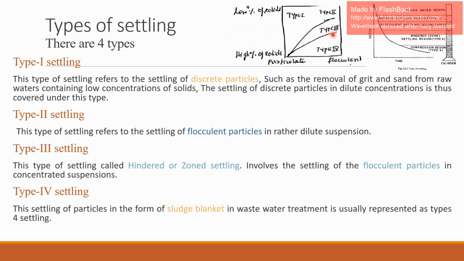In the third type, it has a little higher concentration of solids and it is flocculated. Next, the fourth one is more towards a higher concentration of solids and towards flocculated particles. Here that one is being represented.